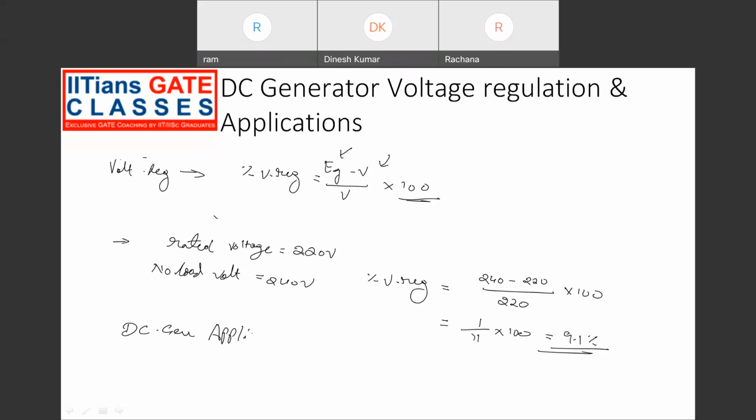So we'll see some of the applications of DC generators. First one, shunt generators. Shunt generators are used in battery charging and lighting applications.